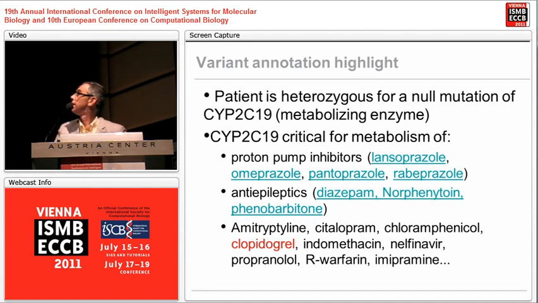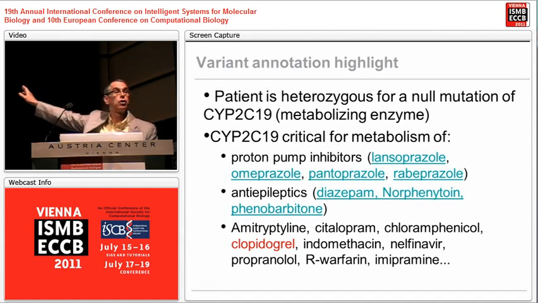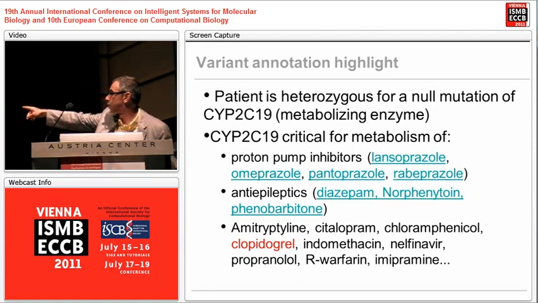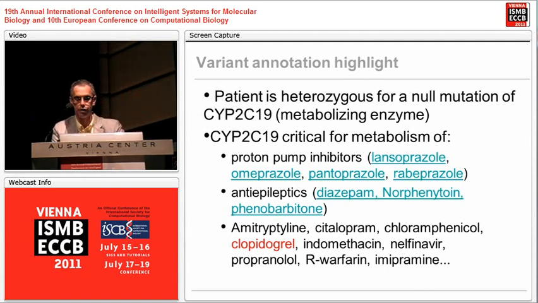And so we know that he will have an altered metabolism of a number of drugs, including proton pump inhibitors, which are antacids, anti-epileptics, and then a potpourri of other drugs, including clopidogrel, which is an anticoagulant, where the United States Food and Drug Administration has recently changed the drug label, saying that patients with variations in this gene in particular might want to stay away from that drug because it is highly variable in its response in the context of this variation.